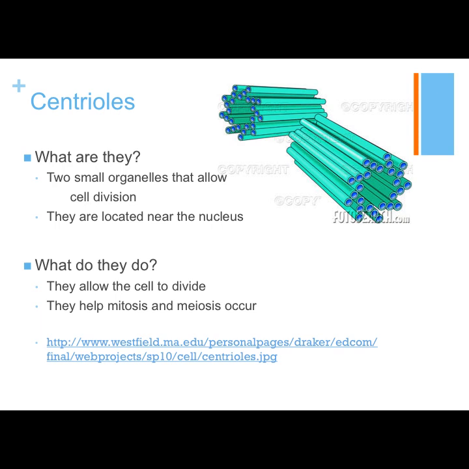We also have centrioles in the cell, and centrioles are two small organelles that are part of the process of cell division. They're often located near the nucleus, and they allow the cell to divide and help in the processes of mitosis and meiosis.